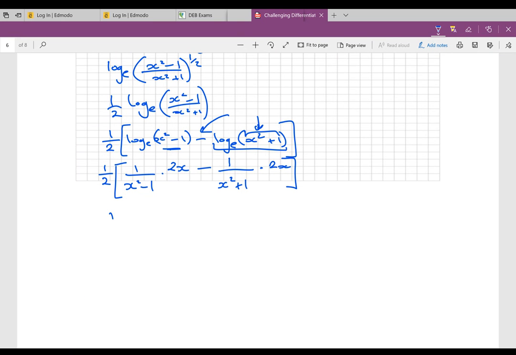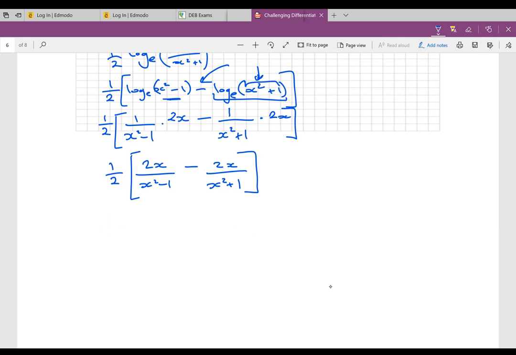Then that's a half times, multiply all the top line, so 1 by 2x is 2x over x squared minus 1, minus 2x over x squared plus 1.